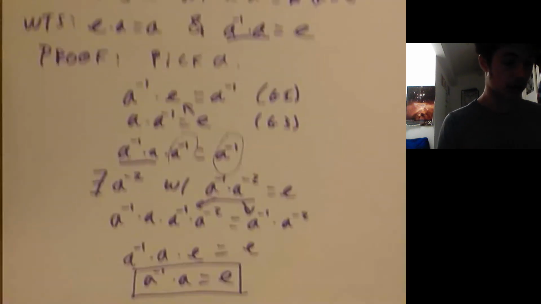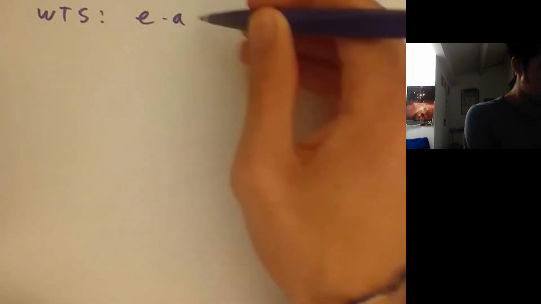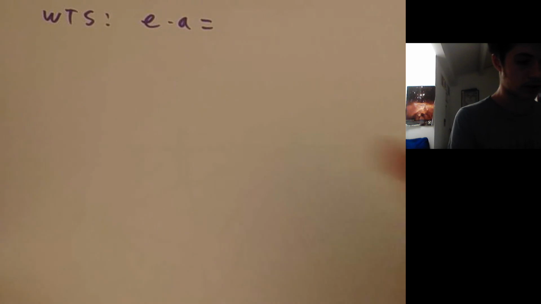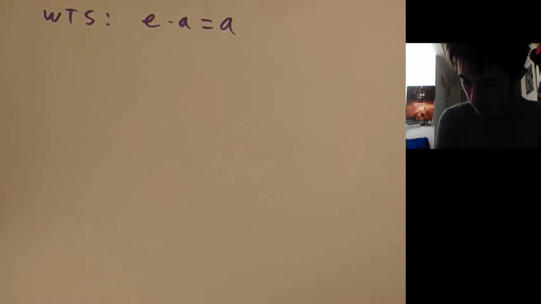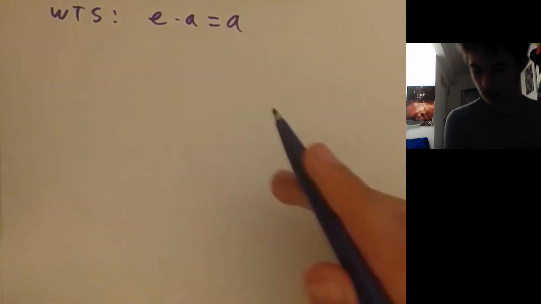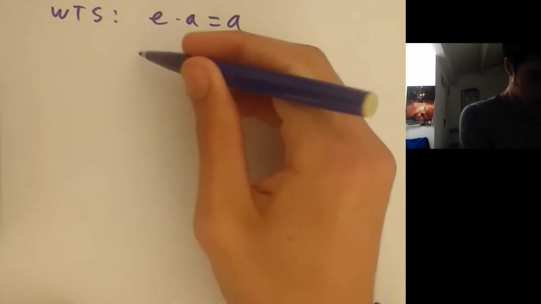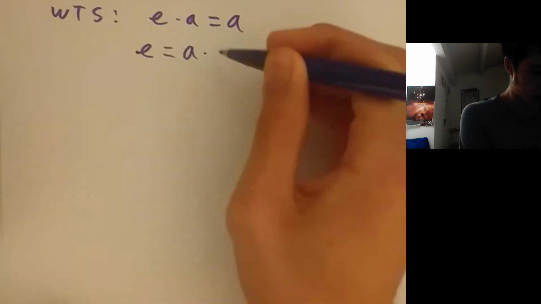Now we have exactly one thing left. We now want to show that E times A, so the identity times still our same given element A, will also be equal to A. And to do that, we now know by the thing we discussed on the last slide that the identity is equal to A times A inverse.